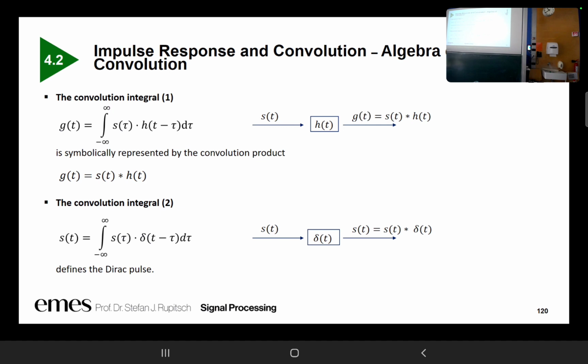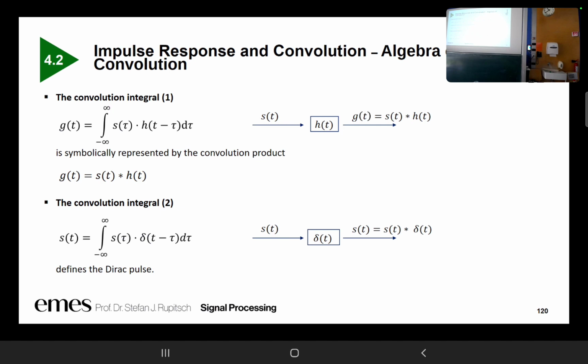And as already discussed last week, if we multiply a number with the factor 1, then the result is the number itself. This is multiplication by the factor 1. And this is also possible in terms of convolution, but in convolution, it's not the number 1. It's the Dirac pulse that is the one symbol in convolution. And this is shown here.